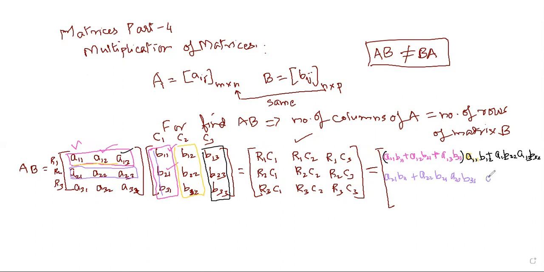Then the second row, second column: A21 into B12 plus A22 into B22, and like this. I think you understood. When we do some questions, you can understand better. So I will take one example now.